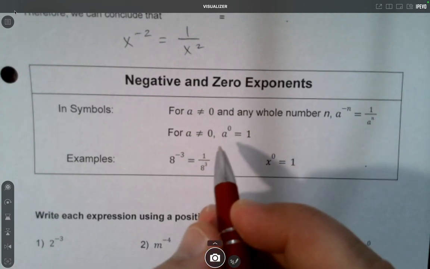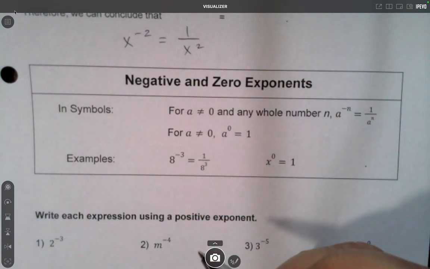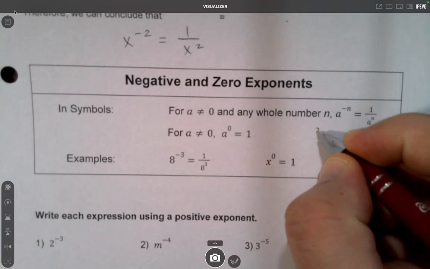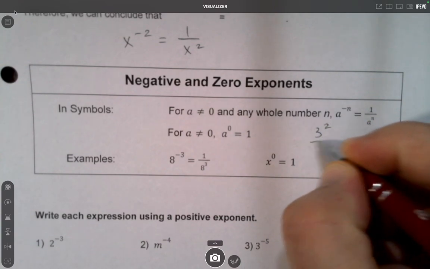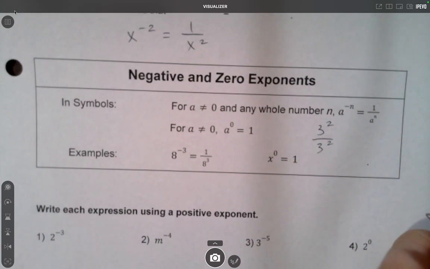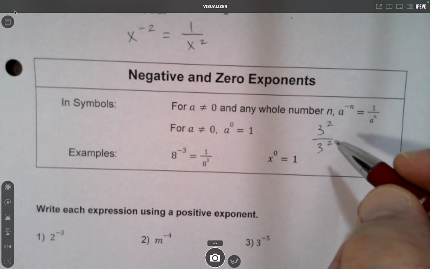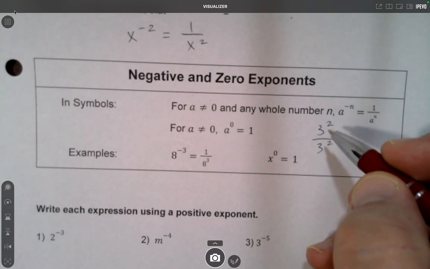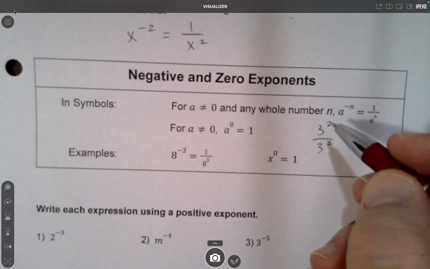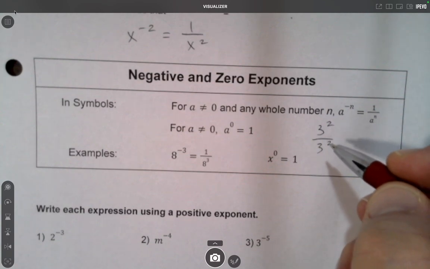So you might think, how in the world would we have a power of 0? Let's think of a number like 3. We'll go simple. So 3 squared over 3 squared. There are 2 ways you can think about this. The division rule, when you have the same base, is that you subtract 2 minus 2.